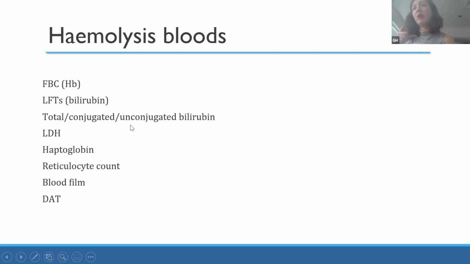Blood film will usually show schistocytes, which are fragments of red blood cells, showing that they've been broken up. And then DAT, or your Coombs test, is an antigen test, and that's for helping to work out what type of condition you have which is contributing to this hemolysis.